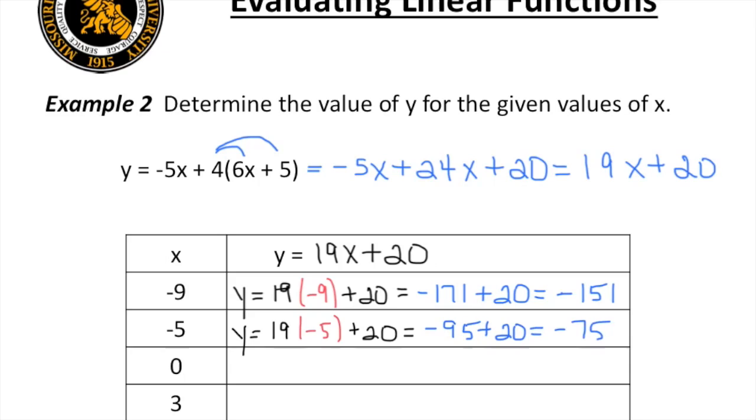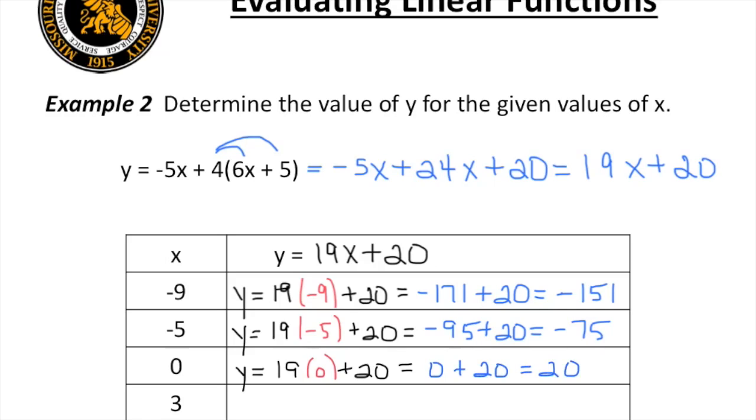When x equals 0, replacing our x in the equation with a 0, we end up getting 0 plus 20, or the output of 20.